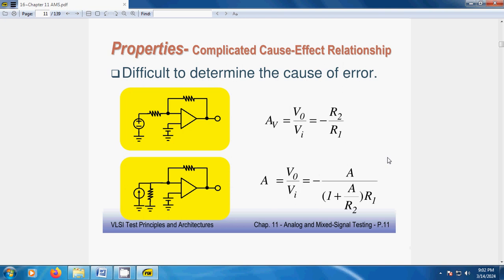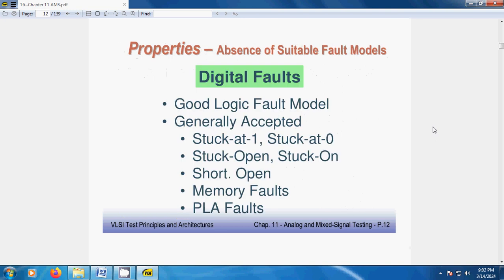Next, what are the advantages in detecting faults in digital ICs? For digital ICs, the first advantage is that you have logic. The logic is either 0 or 1.